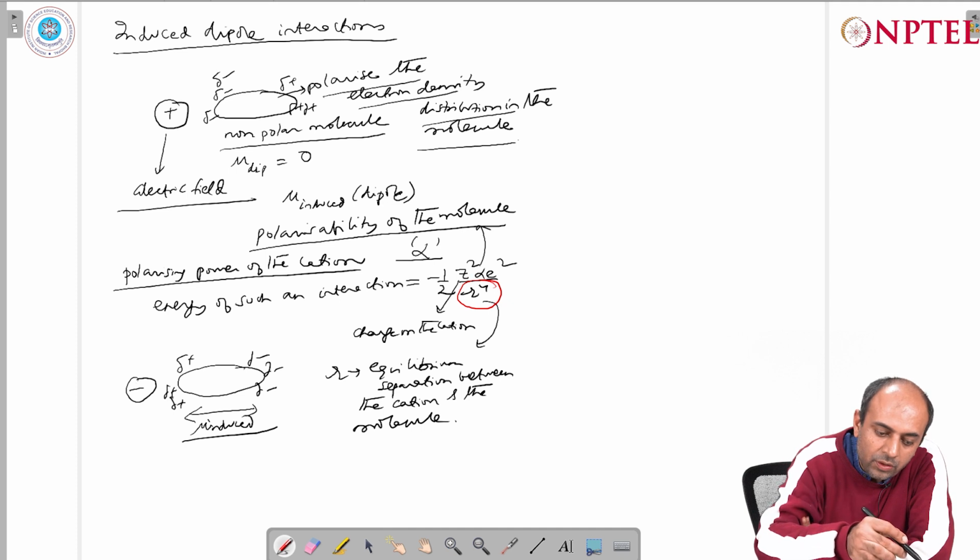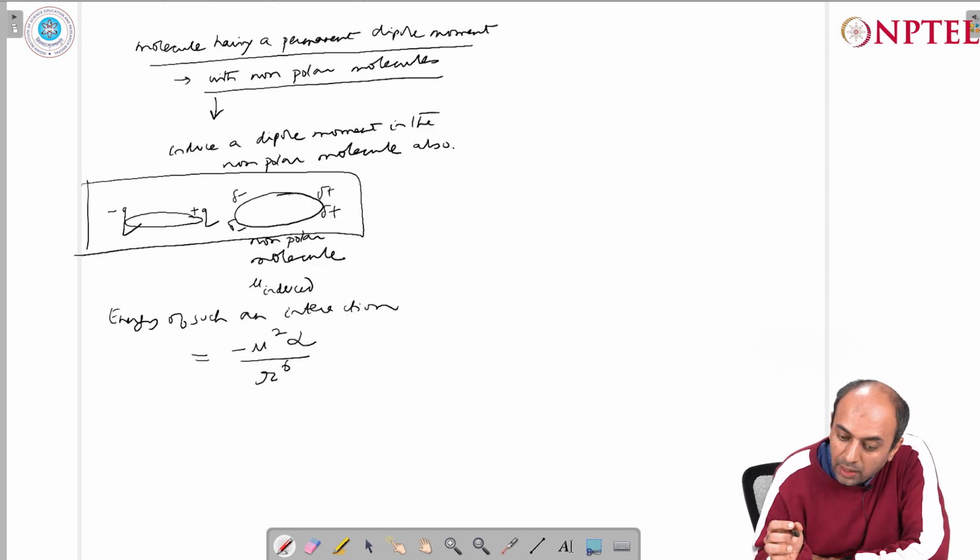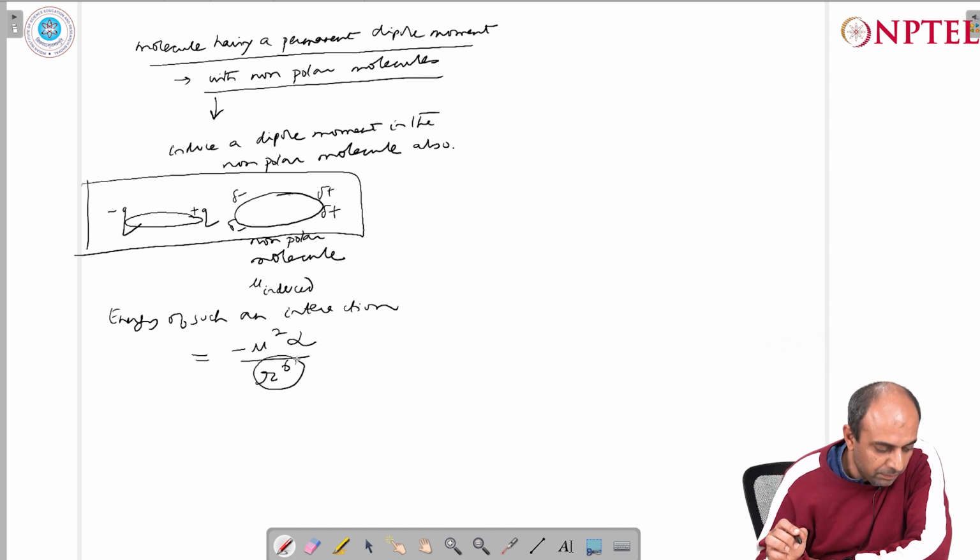Whereas when you go to the corresponding dipole induced dipole, it goes as 1 by r to the power 6. So now you can see that it is even weaker. The association is even weaker, and it tends to fall off faster with slight changes in the separation between the molecule having the permanent dipole moment and the nonpolar molecule.